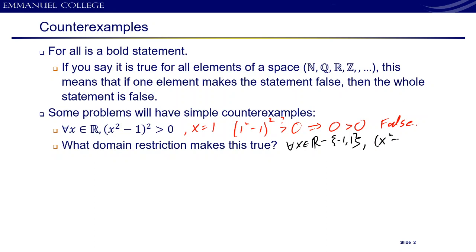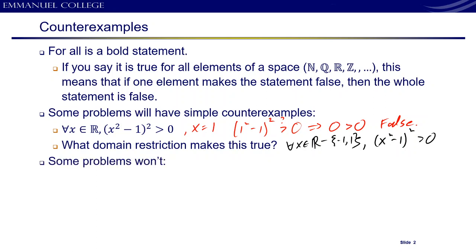Because now (x squared minus 1) squared will always be greater than 0. The only things that would make it equal to 0 are 1 and negative 1, and we've removed those from the domain. So it may be kind of like in Calc 1 where we said, how do we extend this function to be continuous, where you had removable discontinuities.